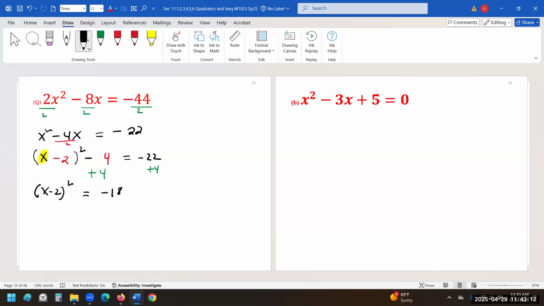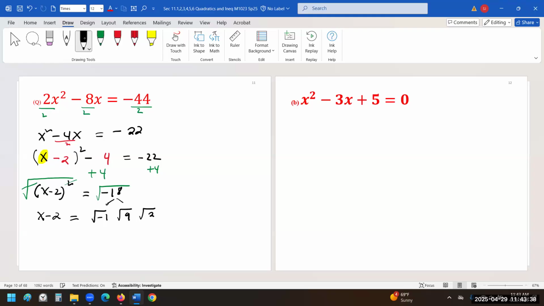And now we have -2 and square power. Square power is far from x, so we take the square root. Square root, square cancel out. We have no more square, only x minus 2. But on the other side, it becomes unreal number. We have square root of -1, square root of -9, and square root of 2.